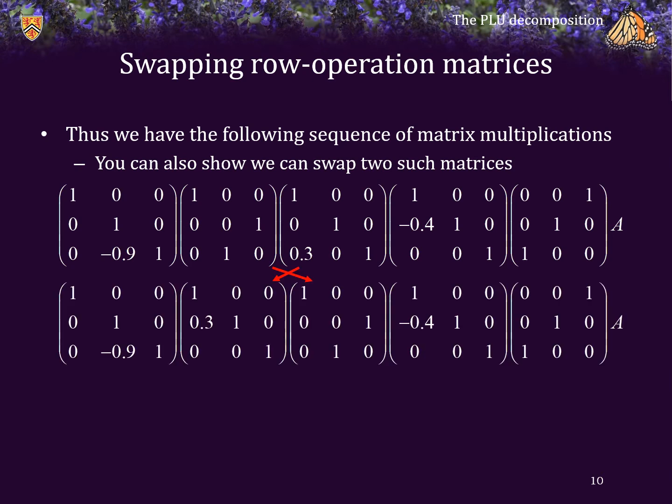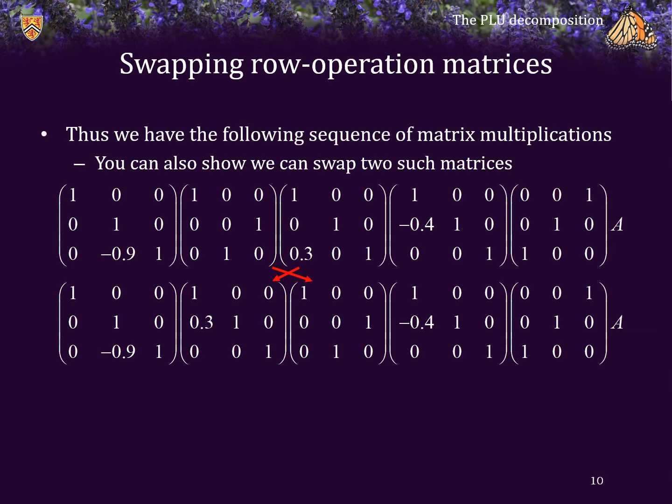We can swap these two as long as we perform the same row operation onto the non-diagonal entries of the matrix. All right, we're not proving this. You can prove this is true yourself, but that's up to you.